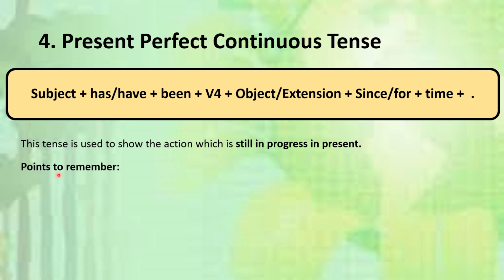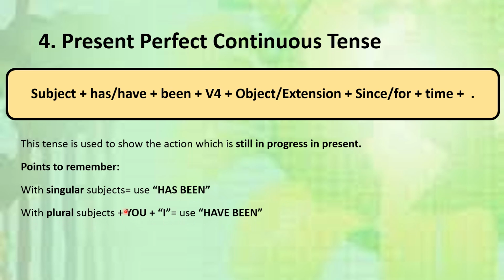You need to remember the following points. With singular subjects, use has been as auxiliary verb. And with plural subjects and you or I, use have been as auxiliary verb. Since is used to refer to a specific point in time.